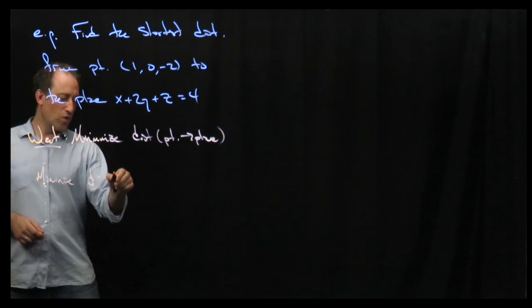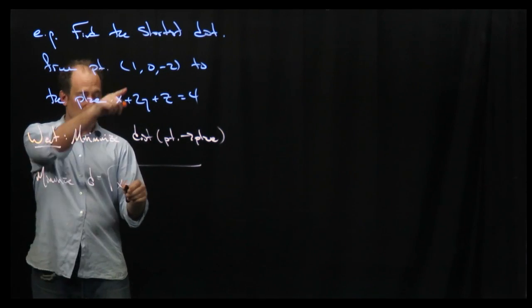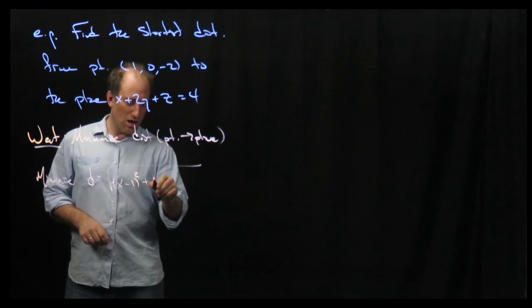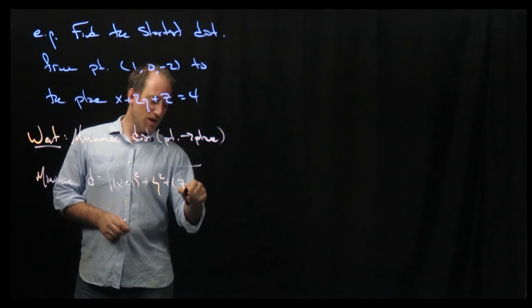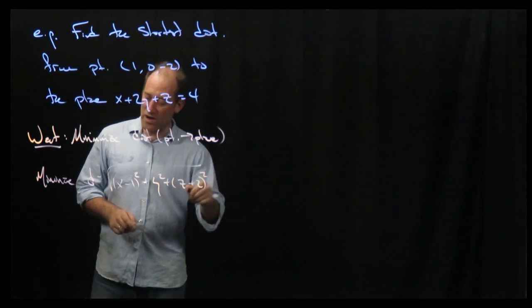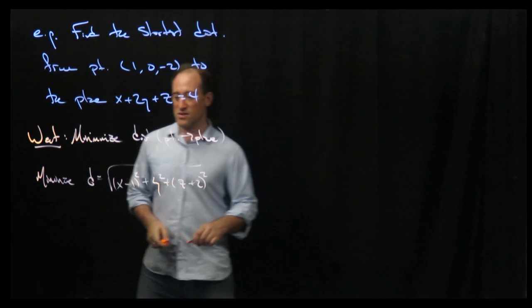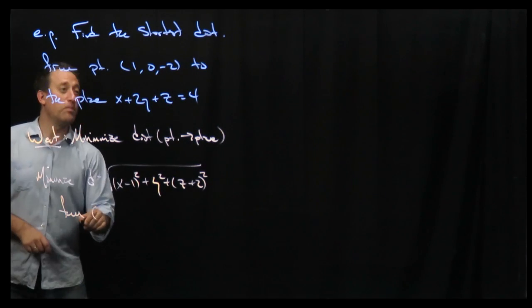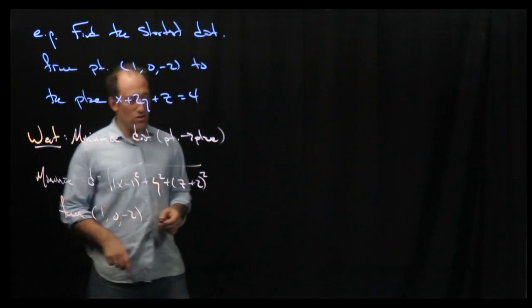Namely, I'm looking to minimize the distance formula, which is the square root of x minus 1 squared plus y minus 0 squared, so just y squared, plus z plus 2 squared. So I'm minimizing distance from the point 1, 0, minus 2.